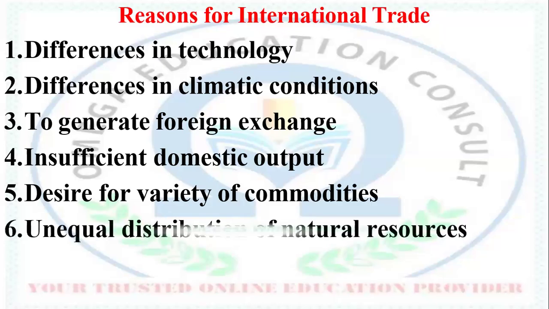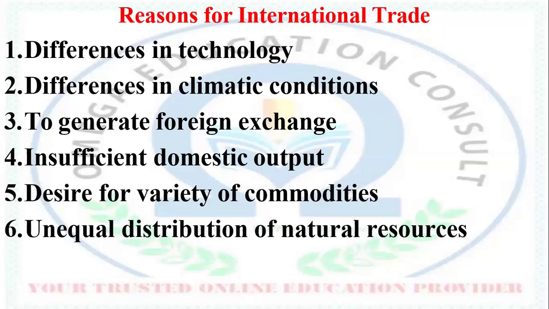The next one is that there is also an unequal distribution of natural resources. In the entire world, different countries do not have equal distribution of resources, or the natural resources. Some countries have some natural resources, others don't have them.